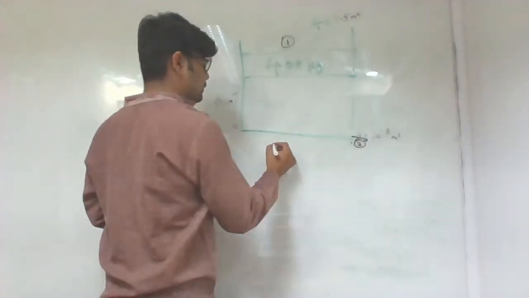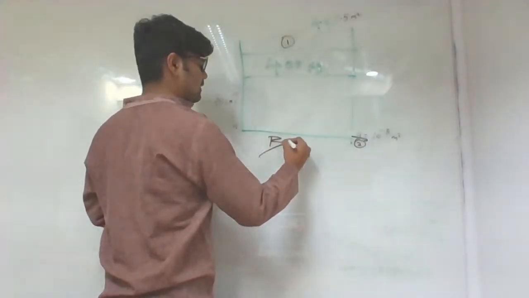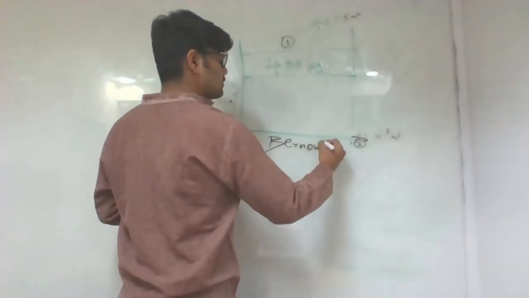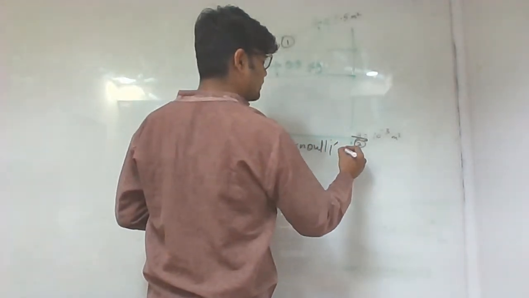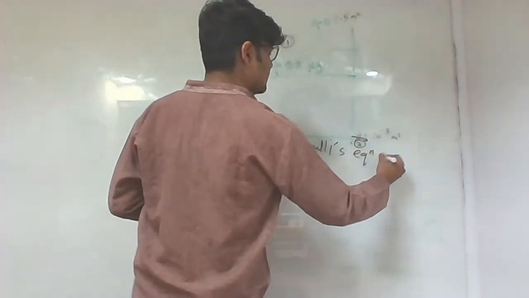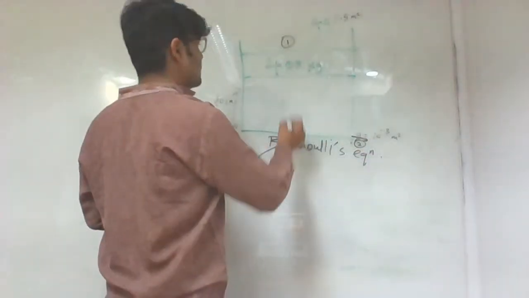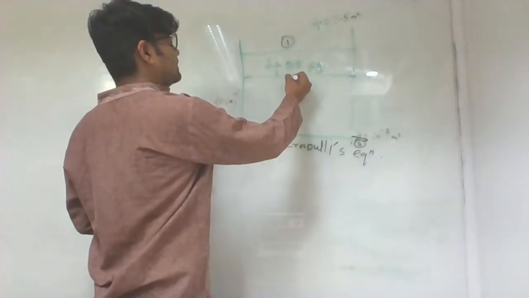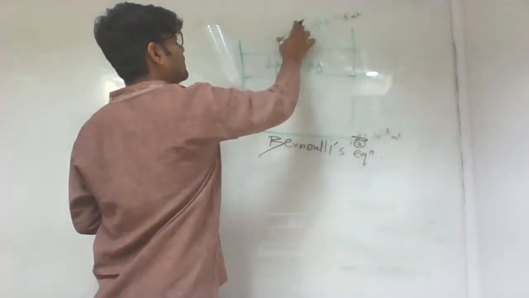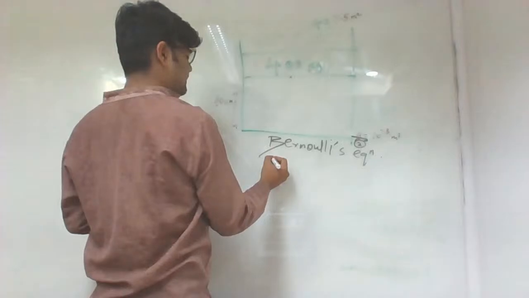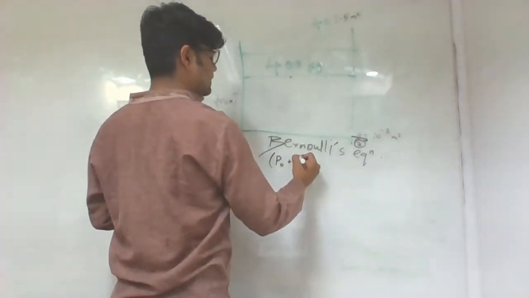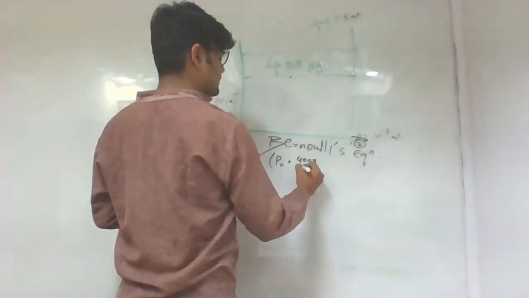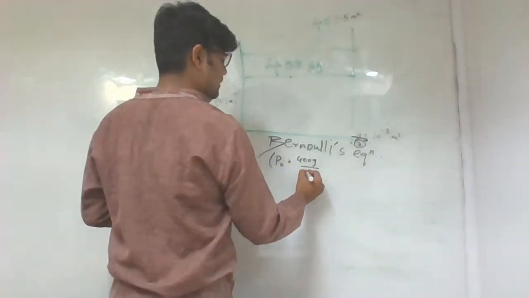Applying Bernoulli's equation, Daniel Bernoulli's equation. The pressure at this point is P0 plus mg, 400 g upon A, 0.5.